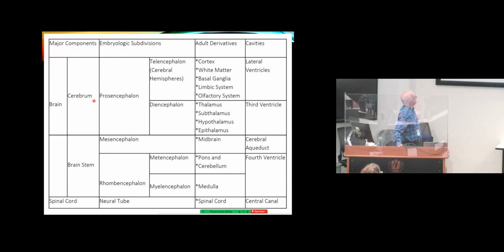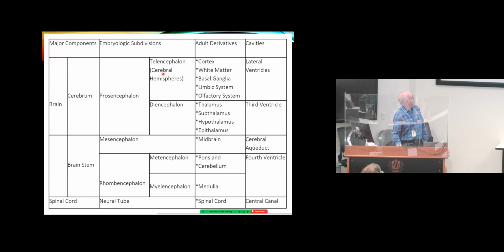The cerebrum is equivalent embryologically with the prosencephalon, and we break the prosencephalon down into telencephalic and diencephalic structures. In this lecture, we will spend our entire time on the cerebral cortex, and we'll get a little bit into white matter. That's as far as we're going to get here in the first hour. And then we're going to get through all the rest of it here in the second hour.